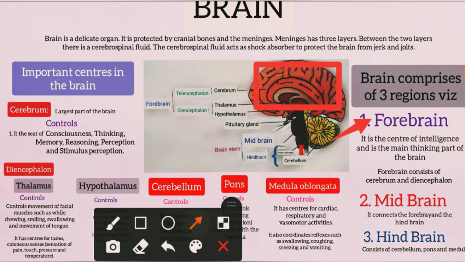And the forebrain is the center of intelligence, and it is also the main thinking part of the brain. The forebrain consists of this cerebrum and the diencephalon. The diencephalon consists of this thalamus and hypothalamus.